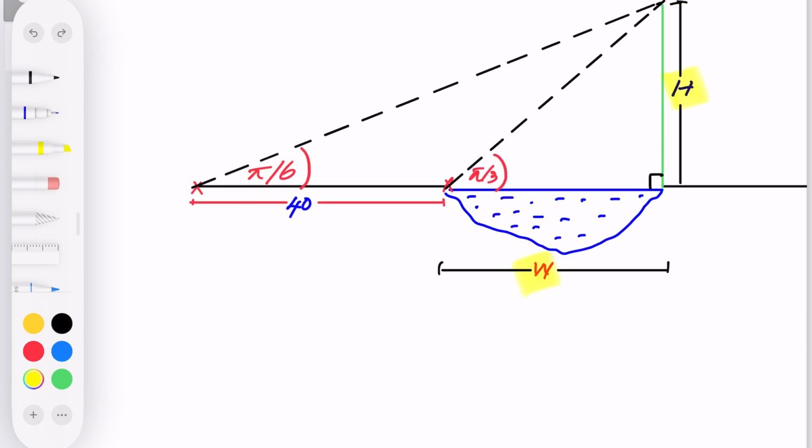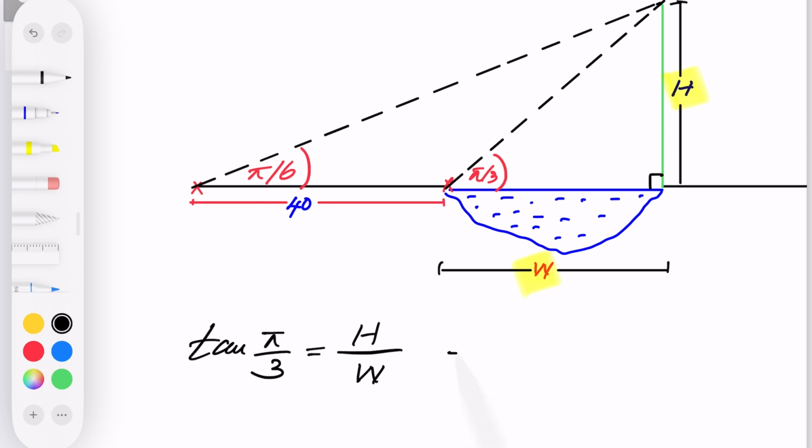So let me go ahead and write an equation for the angle pi over 3. That means I'm going to write a tangent pi over 3. Tangent pi over 3 should be equal to opposite over adjacent. So the opposite is h. Adjacent is w. We already know that tan pi over 3 is equal to square root 3.